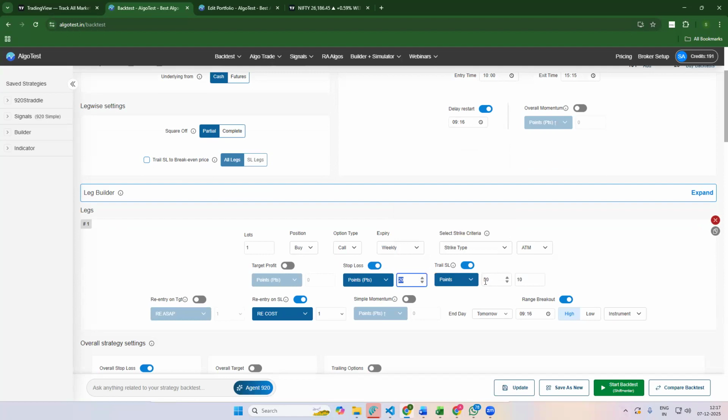And we will be trailing this. If I make a profit of 20 points, I will trail my stop loss by 10 points. I'm not doing very tight trailing here, because I do not want to book out for 10 points, 20 points, or 30 points. I want to capture the complete range of that day. Only if the premium goes up by 100 points, my trailing stop loss will go to my breakeven. Understood?